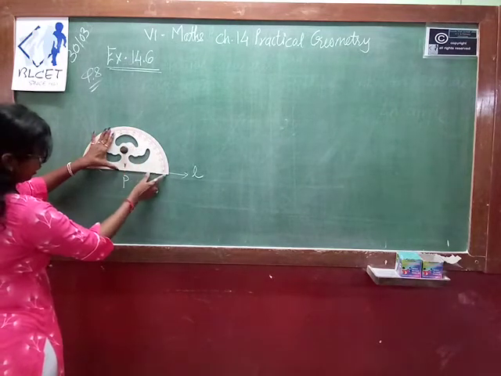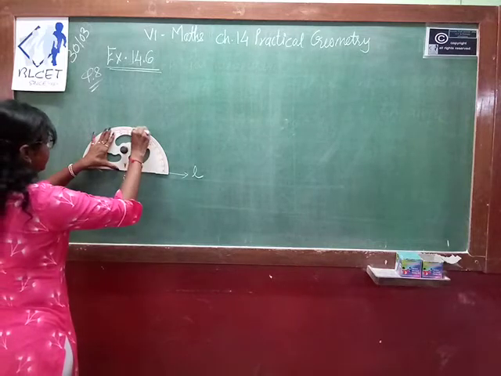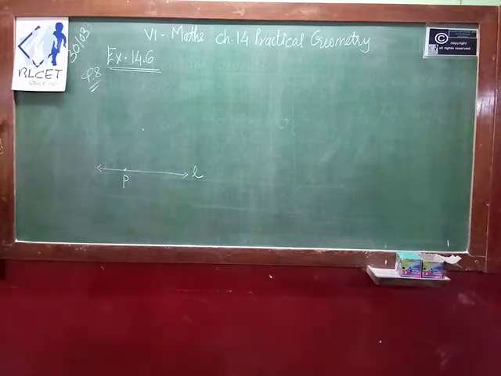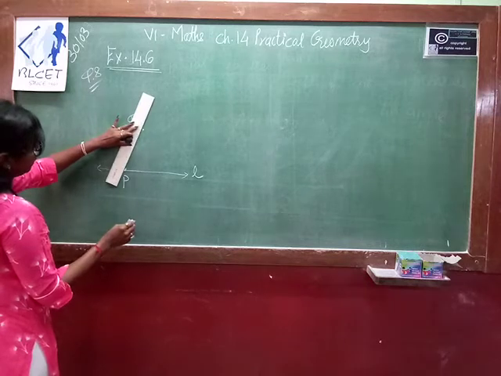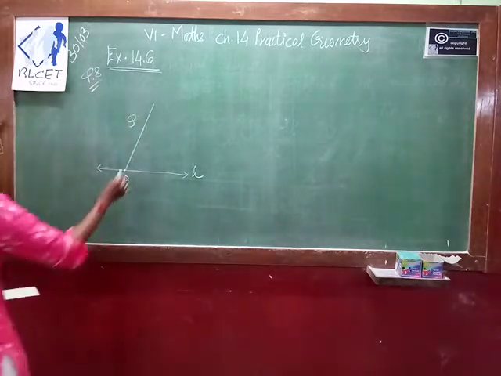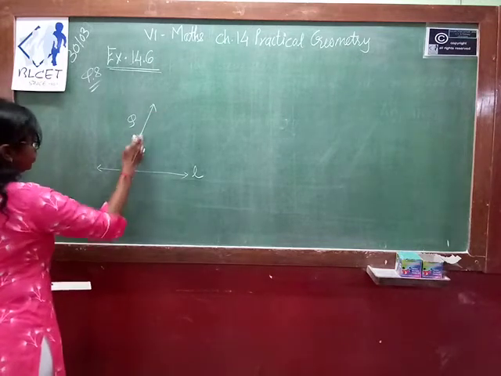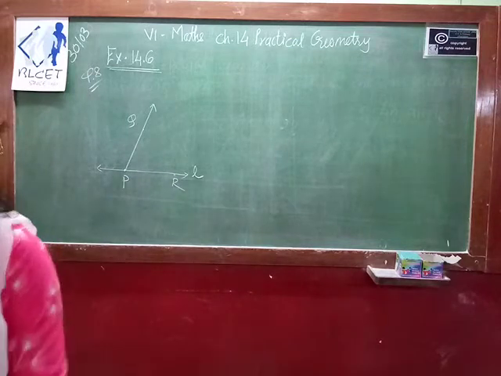Where your arrow is, 0, 10, 20, 30, 40, 50, 60, 70. Here is your 70. Draw a point. Join this point PQ. So this is your angle QPR. Now we have to draw the copy of this angle.